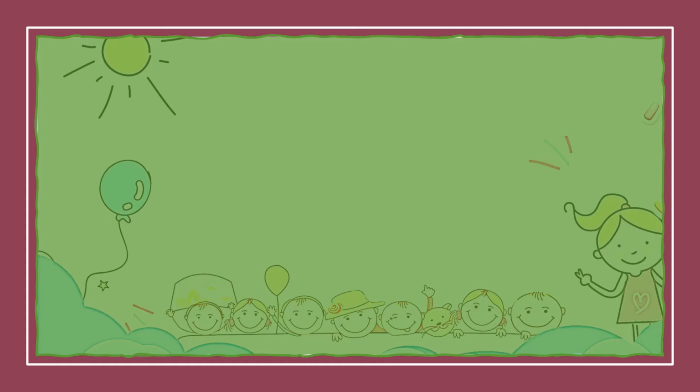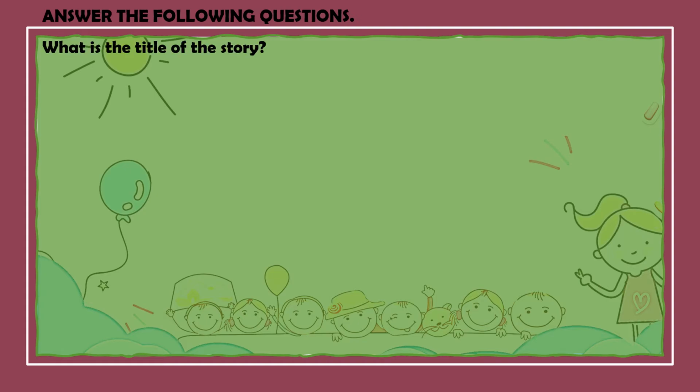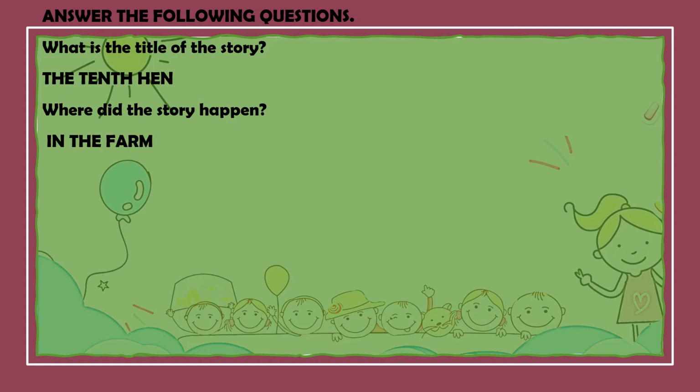Understand the details after listening to the story. Here are the questions. What is the title of the story? The 10th Hen, correct. Where did the story happen? It is the place where the story took place.